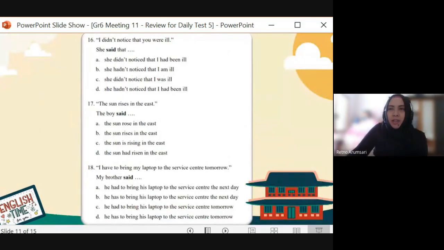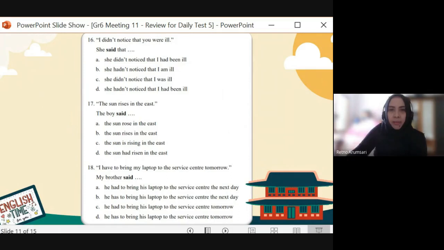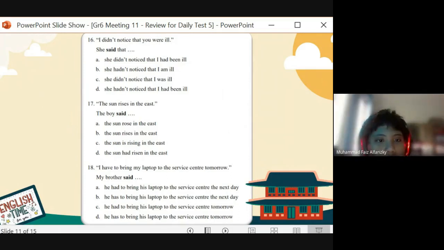Number 16. Faiz, number 16. I didn't notice that you were ill.